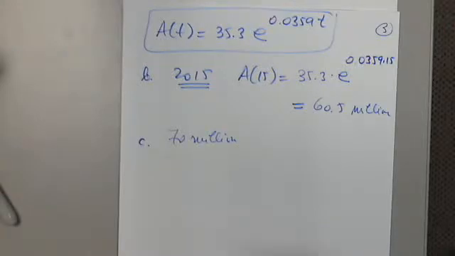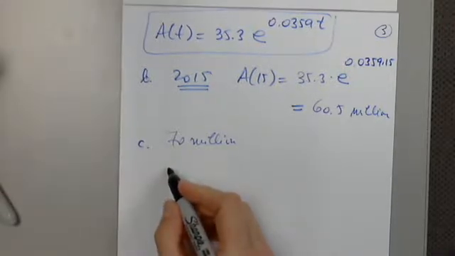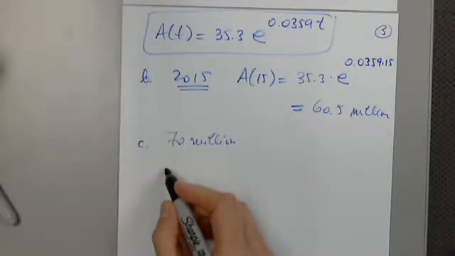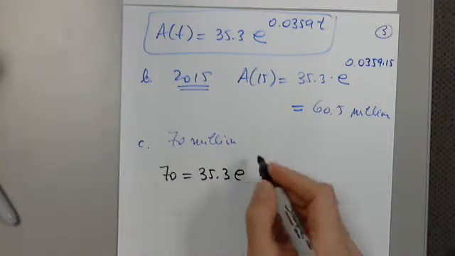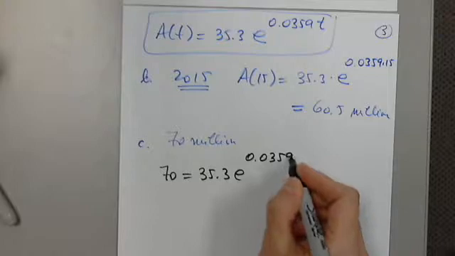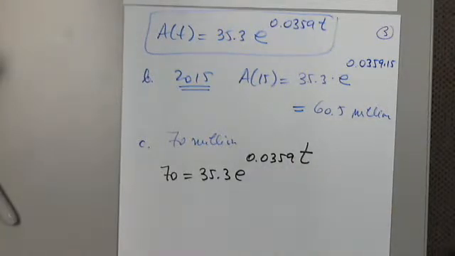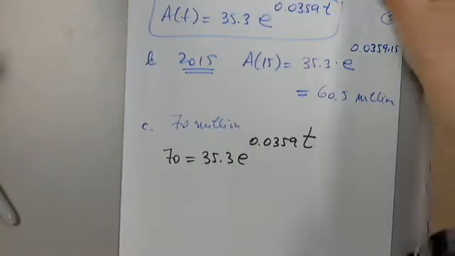How do I write it? So on the left side is going to be 70. Very good. And then 35.3 times e to 0.0359. We want to determine when, if the model is still correct, the population will be 70 million. How do I solve this exponential equation?